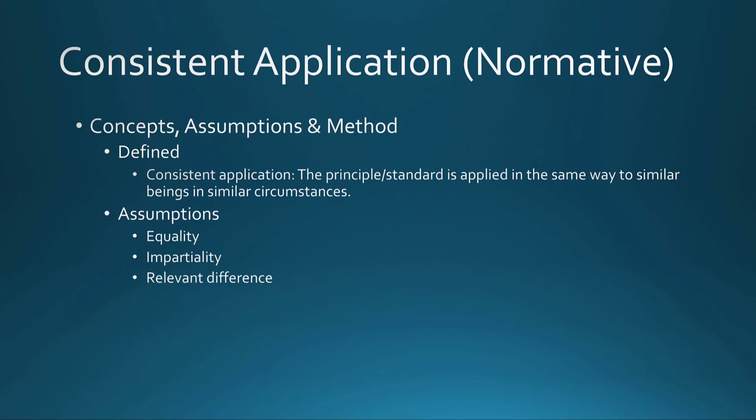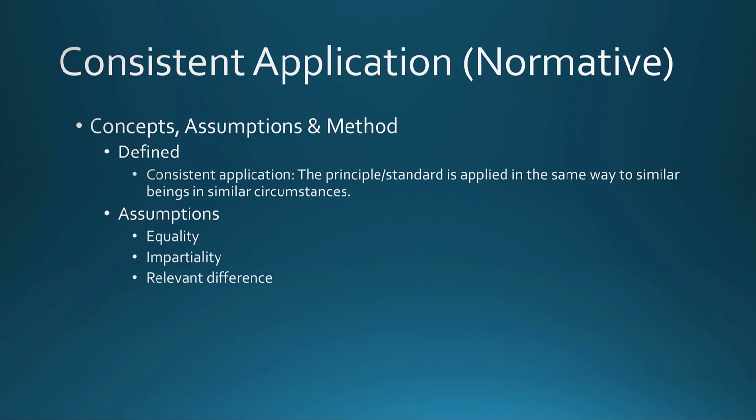One is being consistent about how it's applied when it is applied to entities that are similar and the context is similar. And inconsistent application, obviously enough, involves not doing that, not applying the same standard in the same way to entities that are similar in similar contexts.